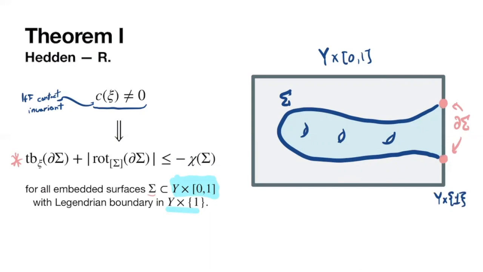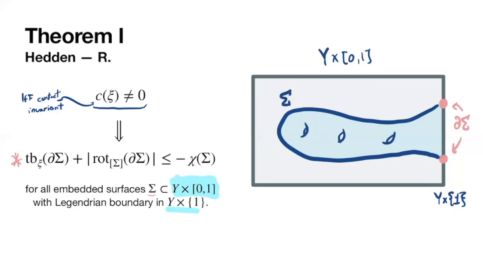So previously we had only Eliashberg's inequality, which is really about surfaces embedded in Y with Legendrian boundary, and now we're saying, well, even if we allow surfaces in Y cross I, we still can't violate this inequality. So this is only in the case where the contact invariant is non-vanishing.